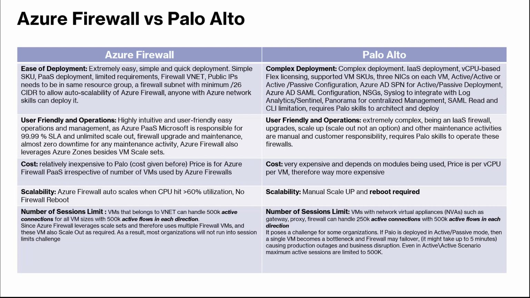But when you go to the other side, it's not that easy, right? Right from the licensing, which for Palo Alto is flex licensing based on your vCPUs. You need to figure out what your supported VM SKUs are, with 3 NICs on each. Then you need to think about high availability, active-active or active-passive.